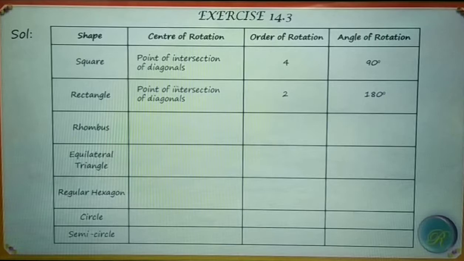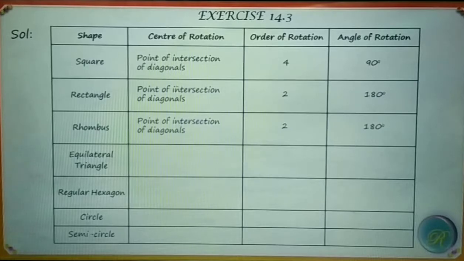For rhombus, center of rotation, point of intersection of diagonals. Order of rotation, 2. Angle of rotation, 180 degree.